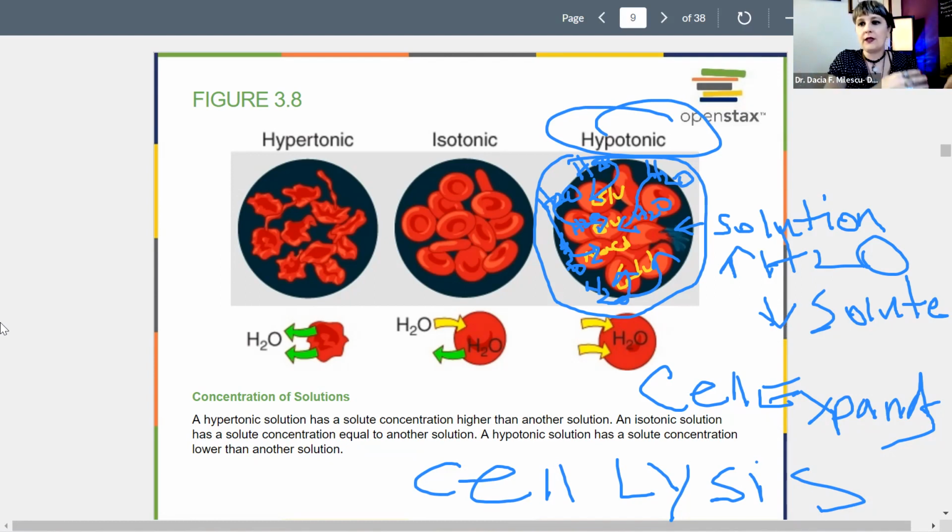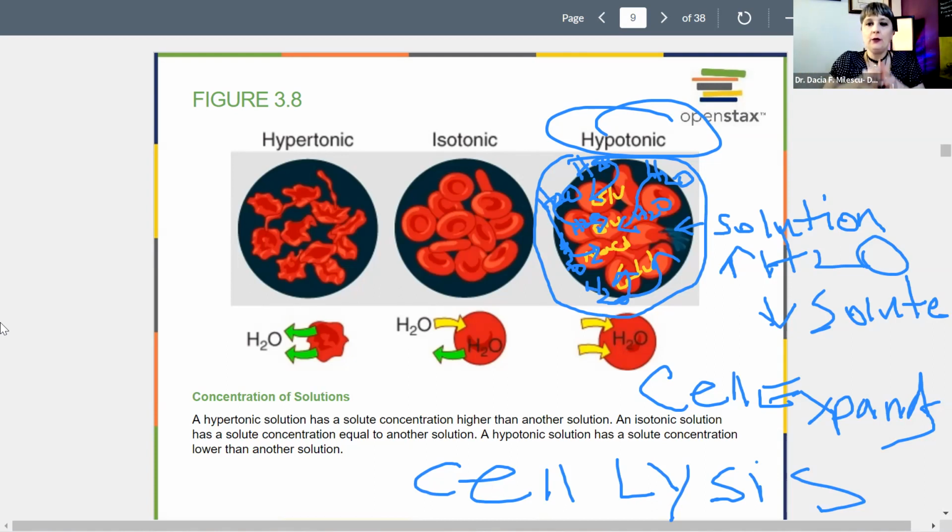So the water leaves the cell and it will enter the solution, and the cell shrinks. And so that's crenation. If there's equal net water inside and outside, there's an equal net movement of water in and out, so there's no change in the shape of the cell.